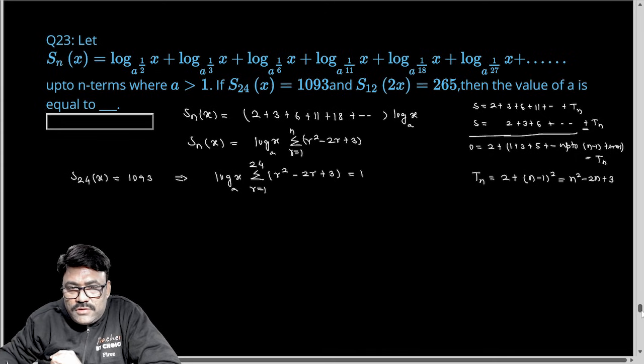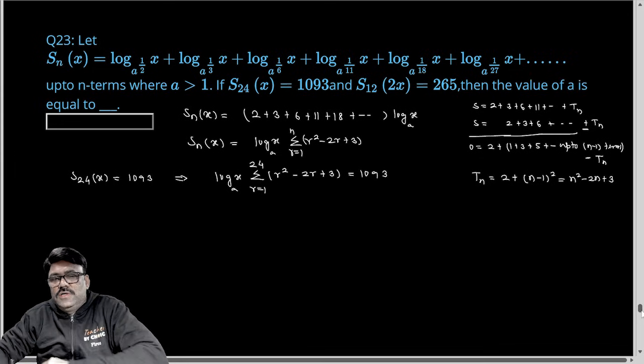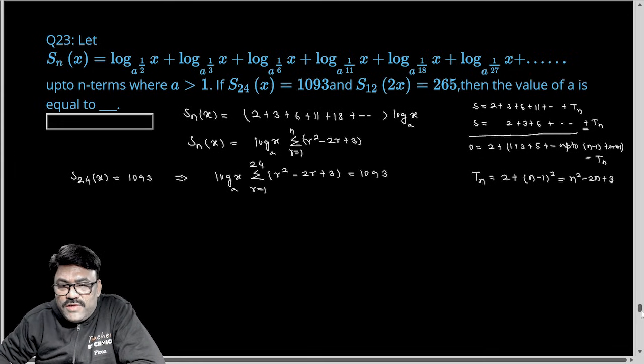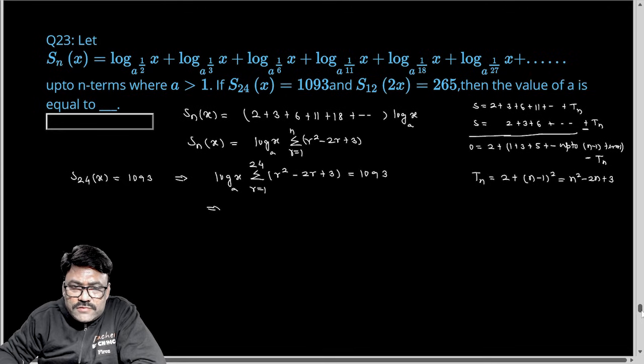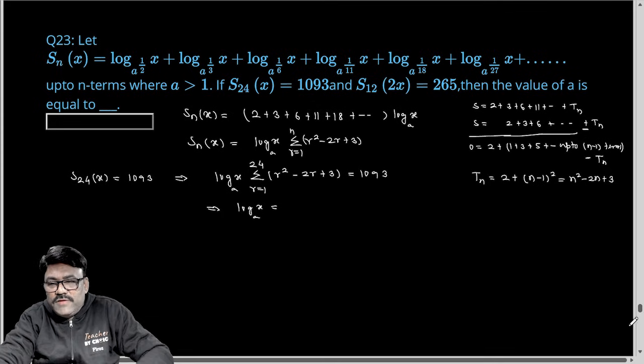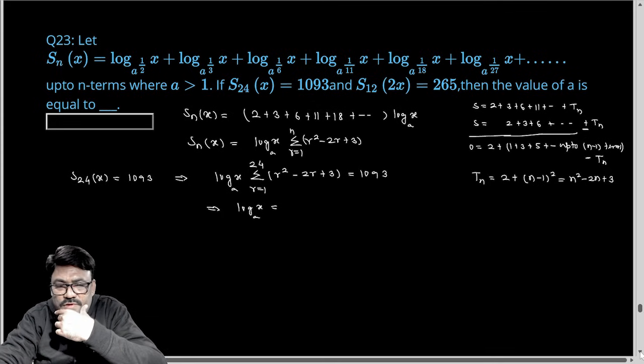It is 1093. Now use the formula. Sigma r square is n into n plus 1 into 2n plus 1 by 6. Sigma r is n into n plus 1 by 2. Sigma 3 will be 3 into n. N is 24 here, the number of terms is 24. So if you put the summation here and calculate log x with the base a from here.